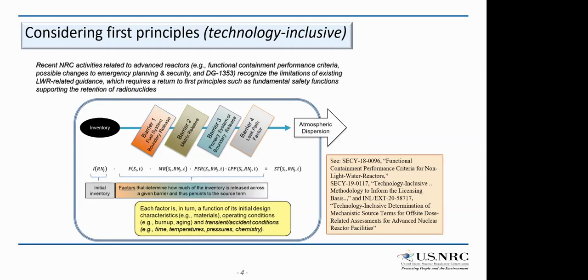And so we use a slide such as this or variations of it to basically show that one thing that all reactors have in common is the hazard, which is the radioactive materials produced from operation, and the ultimate goal to prevent the release of that radioactive material to the environment.